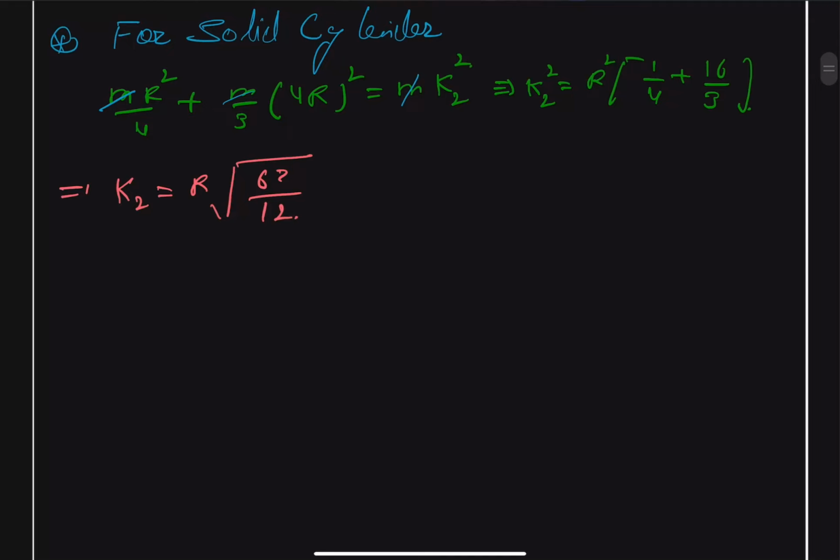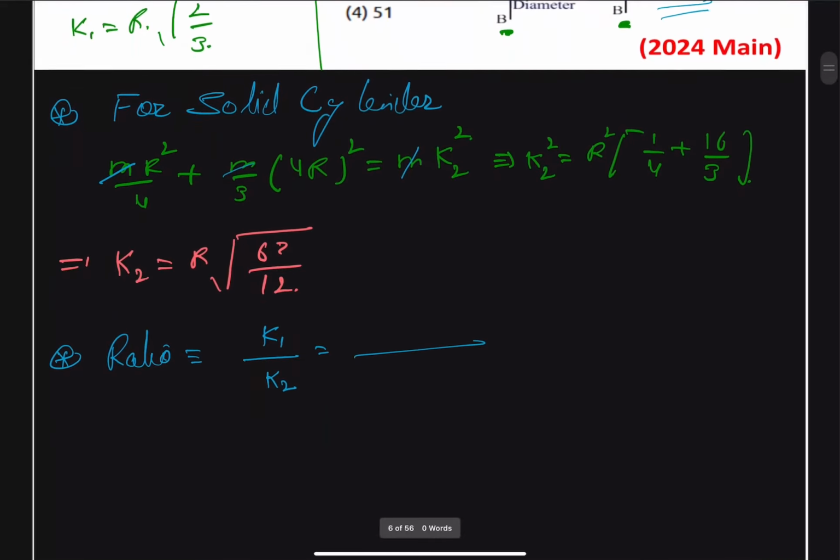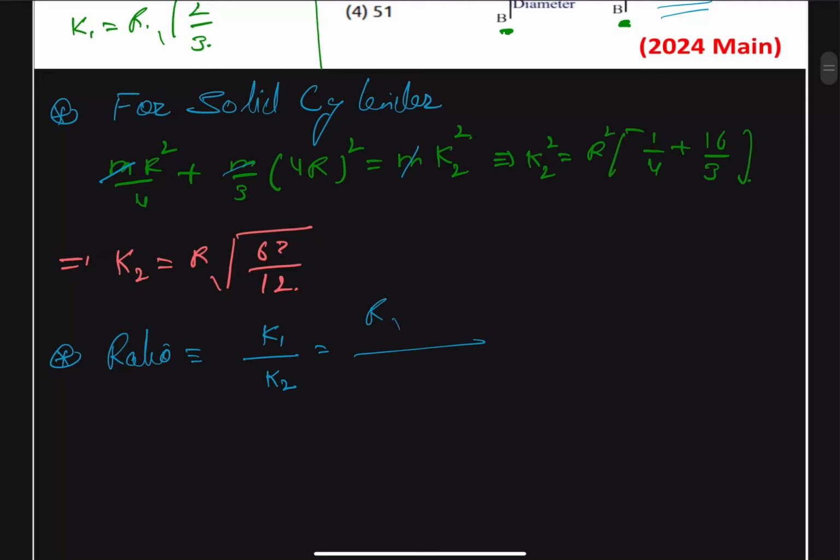Okay, therefore the ratio k1 upon k2 will be equal to k1, which is r square root of 2 by 3, and k2 is r square root of 67 upon 12.